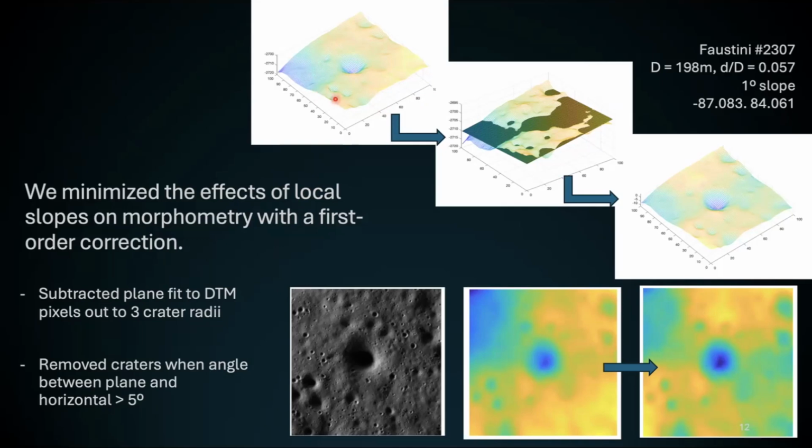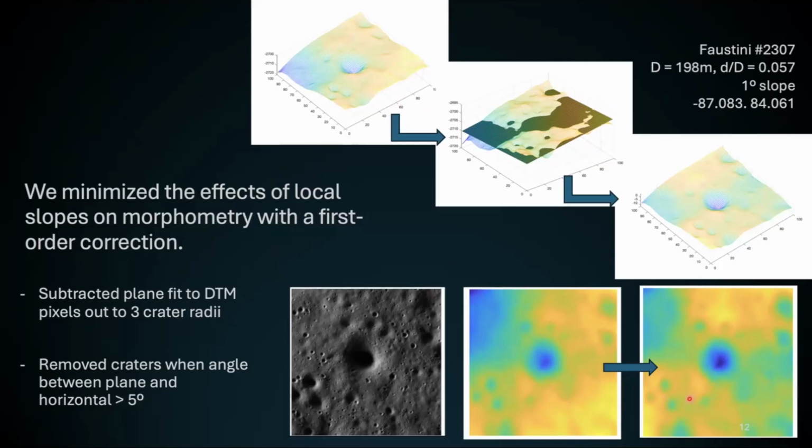And what we're doing now, it's not shown here, but we're actually just taking an annulus of that terrain that excludes the crater in the center of that subsection of the terrain model. We fit a plane to that annulus, like you see here, and then we subtract that. So it's just a first order correction that levels off the local terrain and finds the local slope angle, so that we can decide whether or not to measure it.